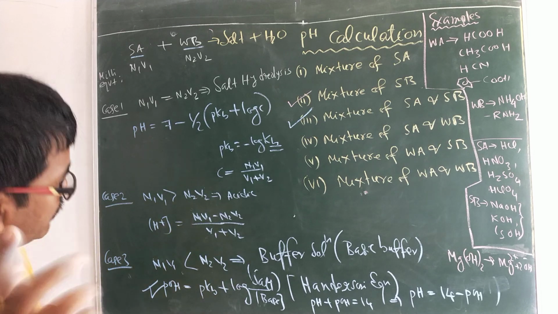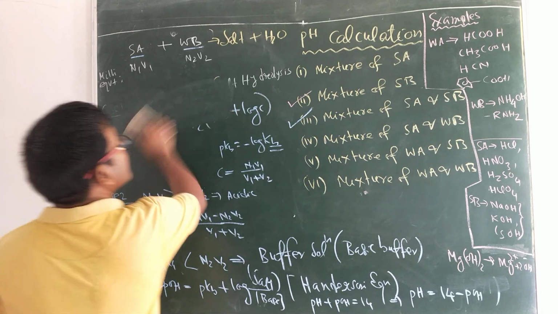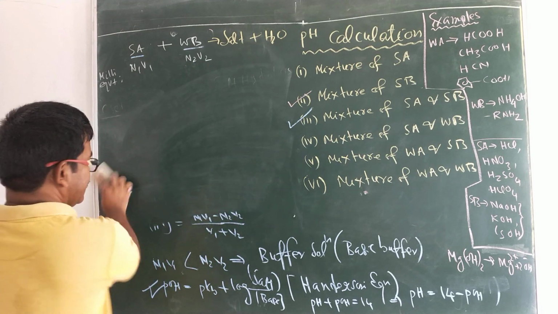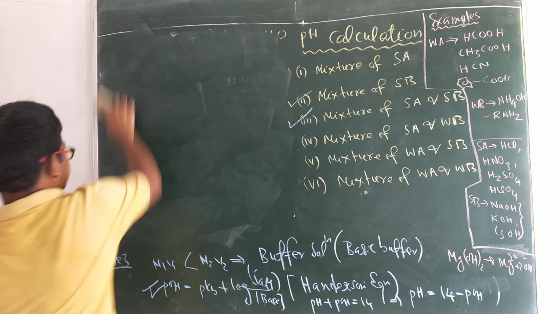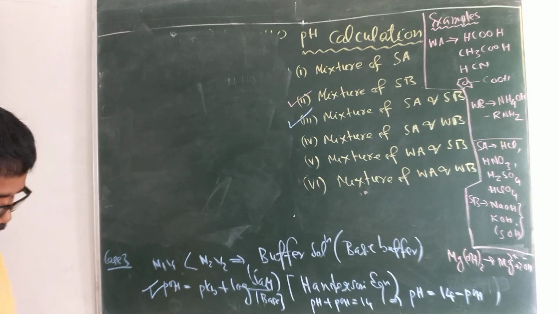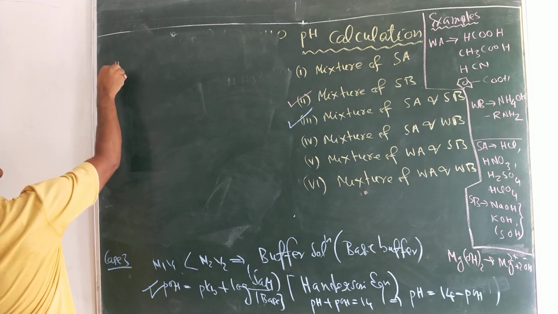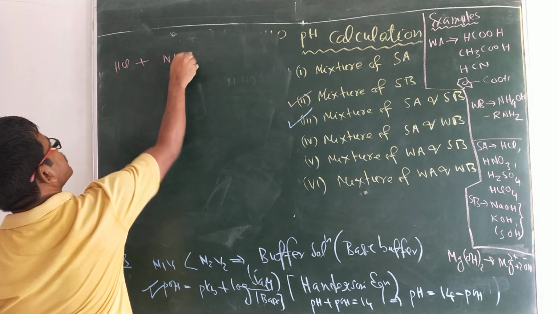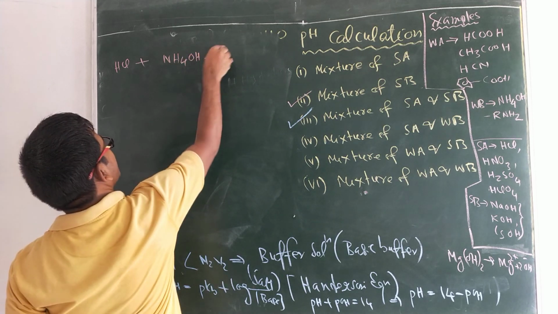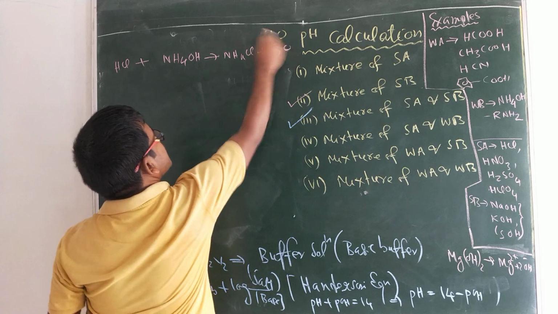Let me explain that a little bit by taking an example. Very important. Suppose we take hydrochloric acid and ammonium hydroxide, a weak base. They will react and form ammonium chloride plus water.